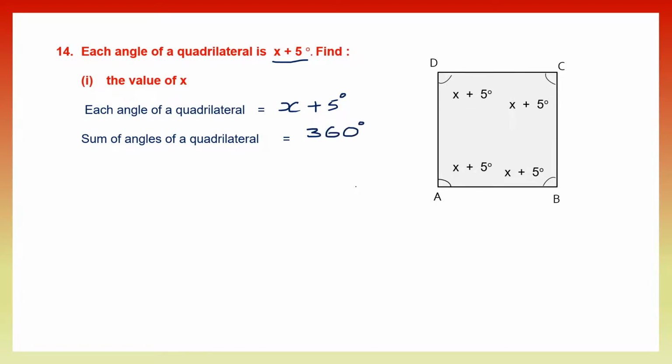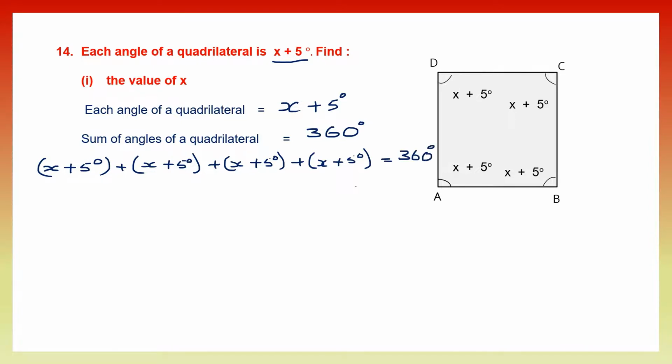So we need to add up all four angles and the sum will give us 360. So let's do that. So that will be x plus 5 degrees. They're all the same, isn't it? Plus x plus 5 degrees plus x plus 5 degrees plus x plus 5 degrees. So we have four angles there. They're all equal to 360 degrees when you add them up.